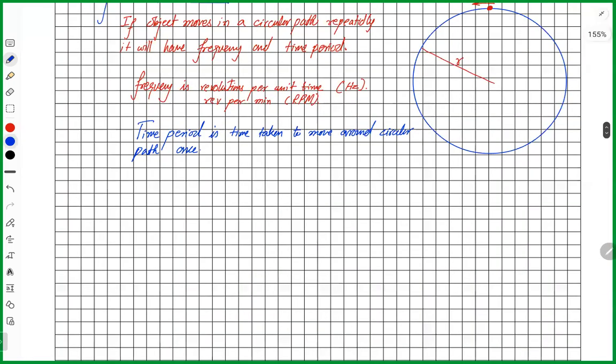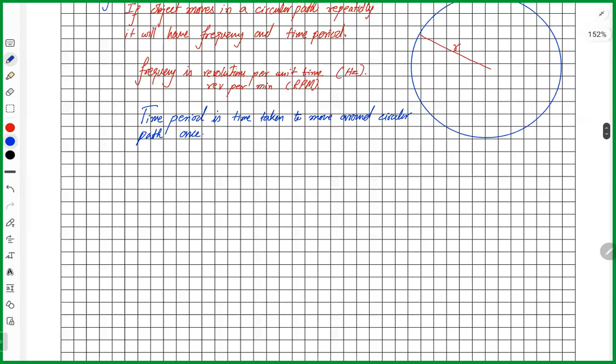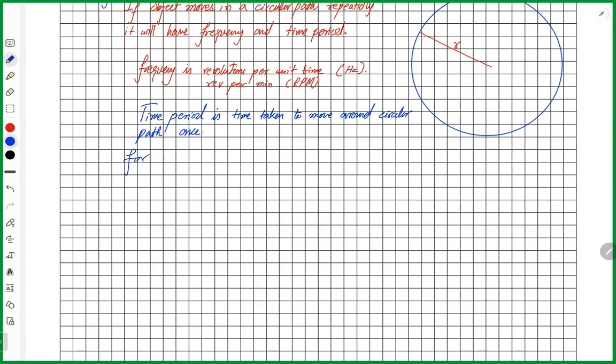Okay, now for one revolution, time taken equals capital T. Distance moved equals 2 pi r, one circumference.